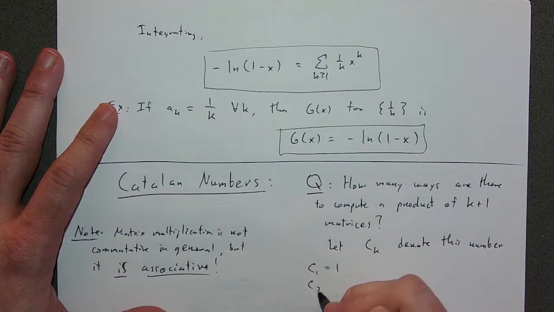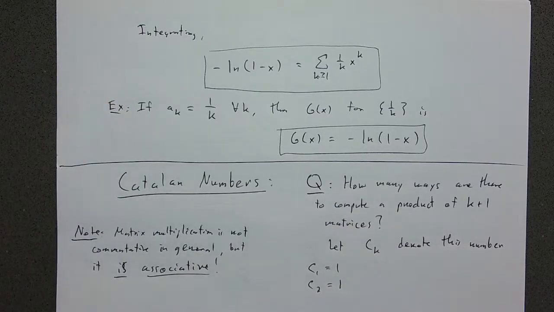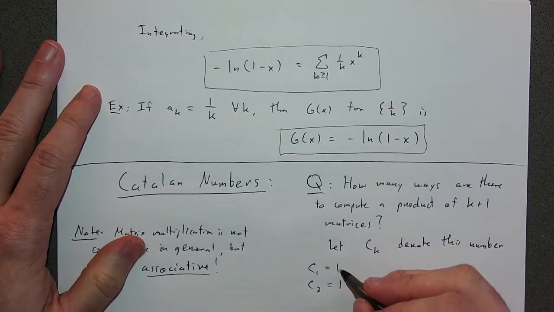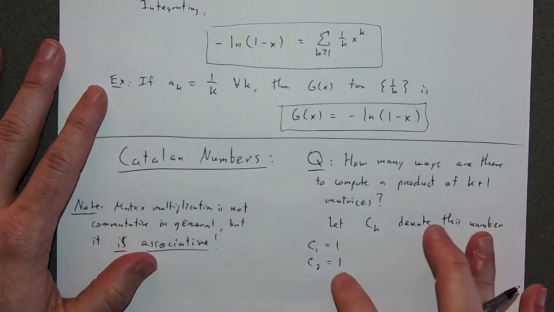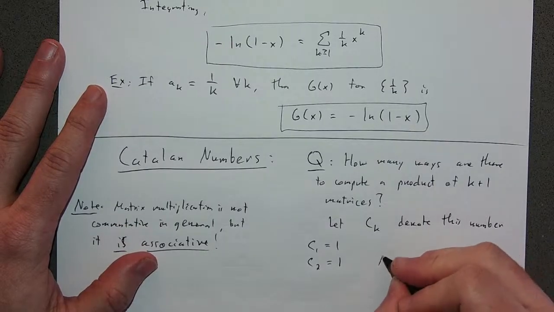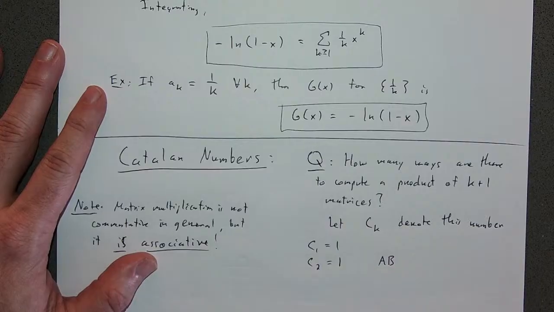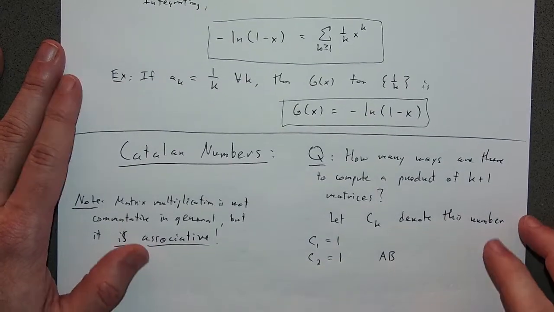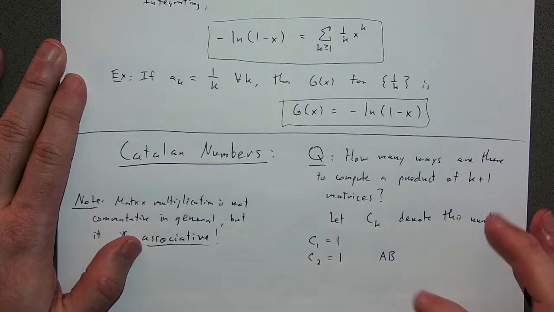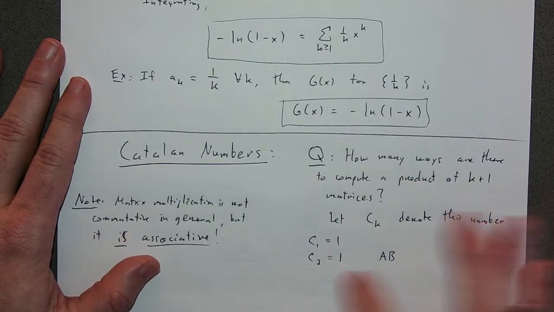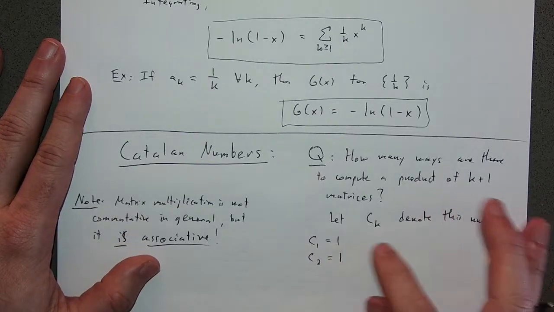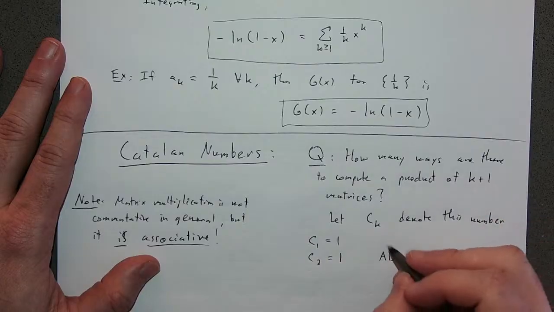Product of two matrices, there's also only one way to do that. Here I have the matrix multiplication, say A times B. How many ways can I do that? Well, there's just A times B, that's it. But what about for 3? Oh, wait a minute, I'm doing something wrong here.